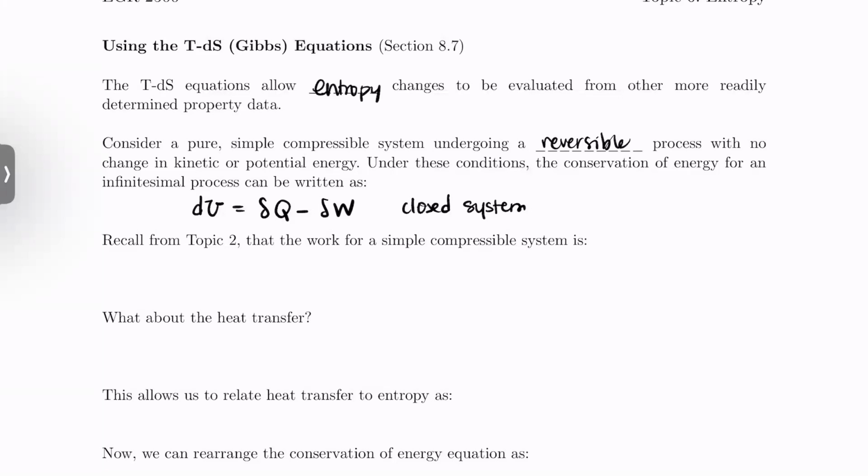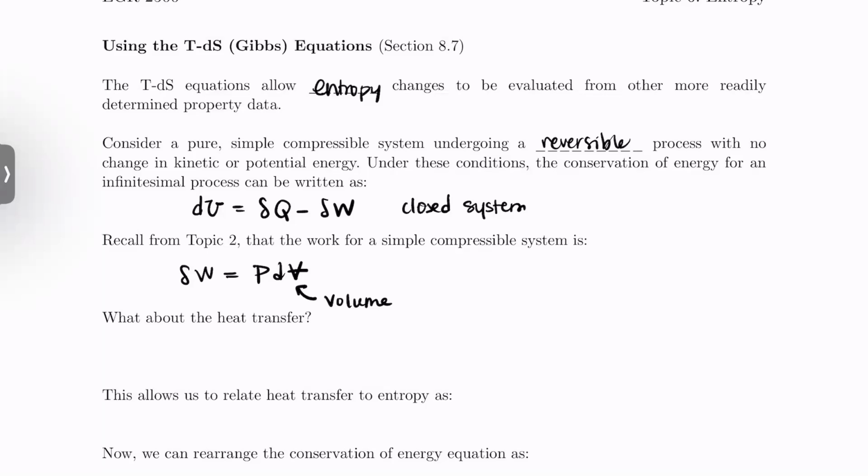So if we recall from our topic 2, the work for a simple compressible system is just equal to the boundary work. So we have P dV, and remember this is volume. All right, so this is our pressure times our differential change in volume of our closed system.